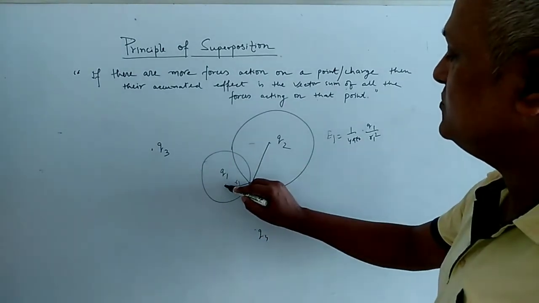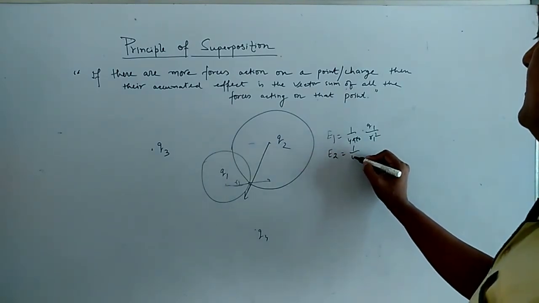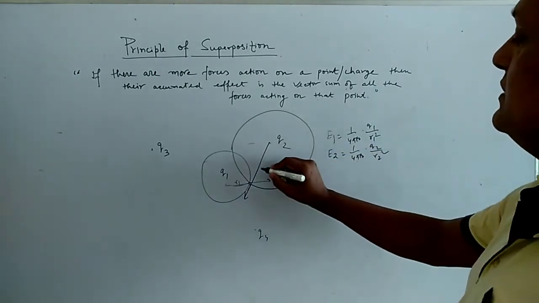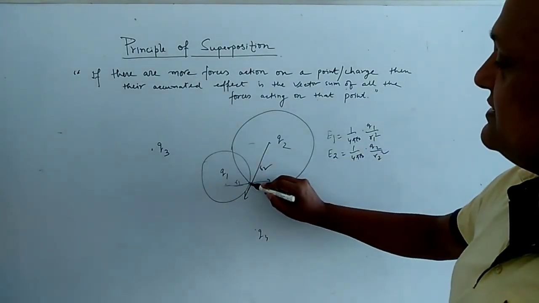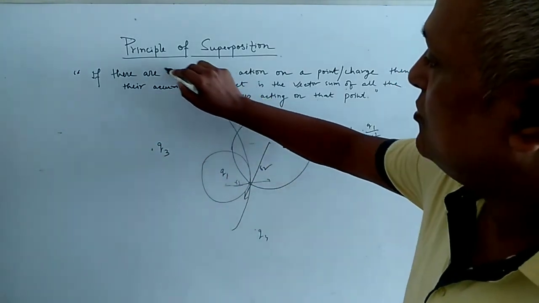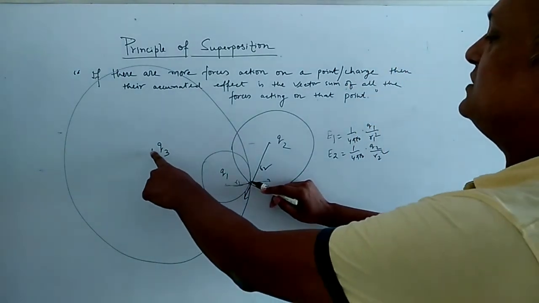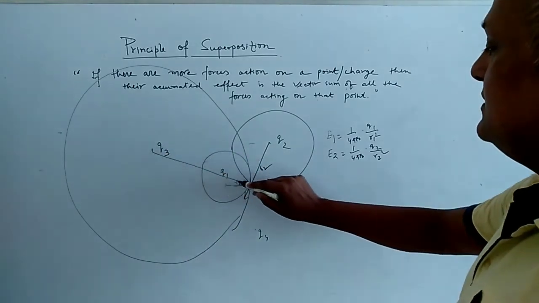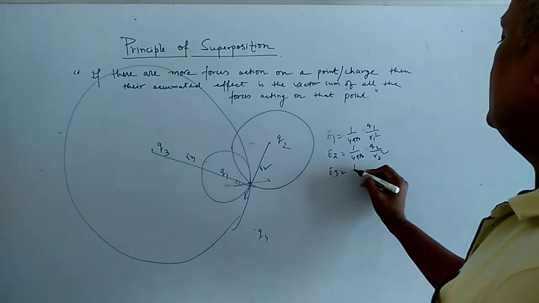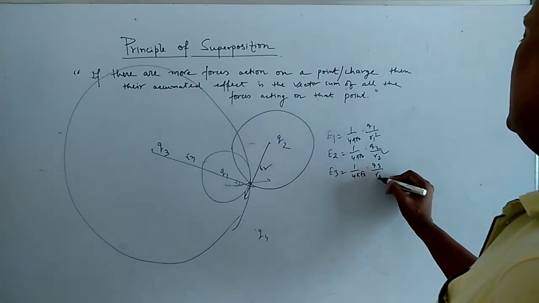If they are all positive, then the force will be like this. So E2 will be 1 by 4 pi epsilon naught q2 over r2 square. This is my r2. Then again at the same point I want to find the influence of this. So using this as center, I draw another circle like this, and the electric field at this point due to q3, assuming that this distance is r3, so I have E3 is 1 by 4 pi epsilon naught q3 over r3 square.